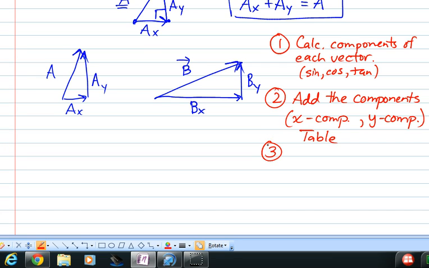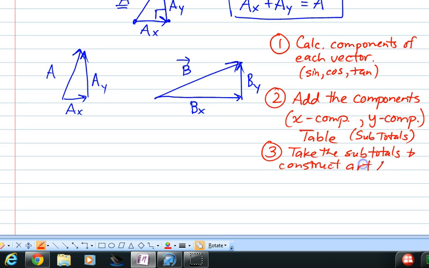Then the last step is to take the subtotals that you come up with in step 2, and construct a right triangle with them. And then that's going to give you your resultant.